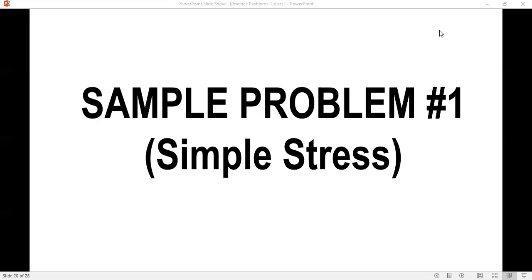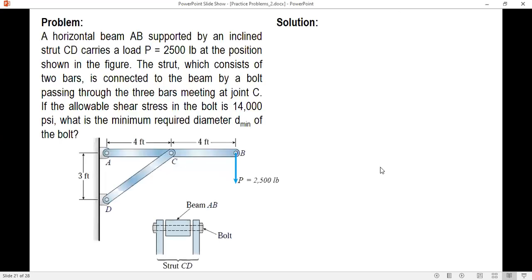In this video, I am going to solve a sample problem on simple stress. Here's the problem. A horizontal beam EB supported by an inclined strut CD carries a load P equal to 2,500 pounds at the position shown in the figure.